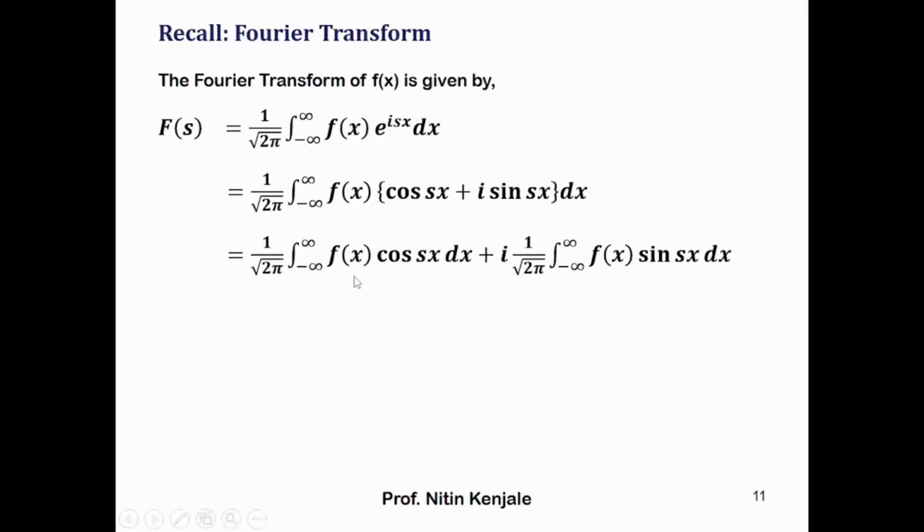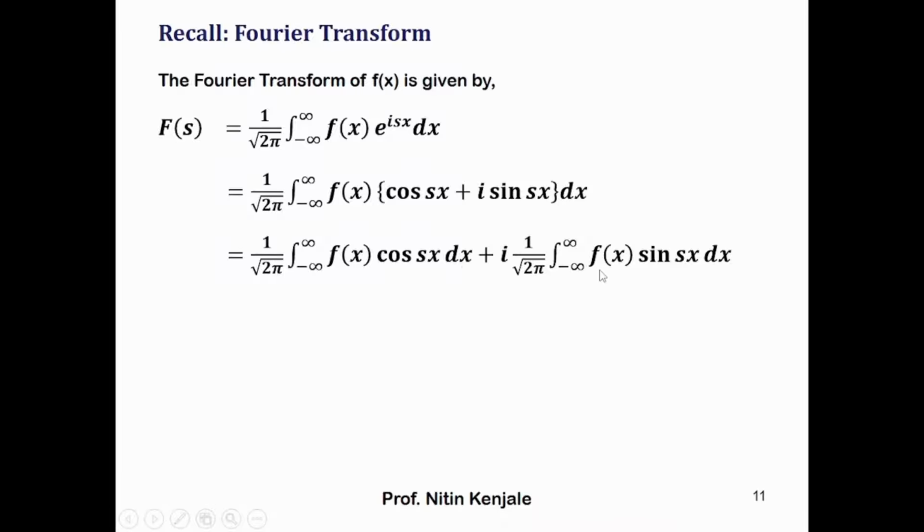Now we take the case when f of x is an even function. We know that product of two even functions is an even function, so f of x into cos sx is an even function. Therefore, value of integration of f of x into cos sx dx over the limit minus infinity to infinity would be 2 times integral from 0 to infinity of f of x into cos sx dx.